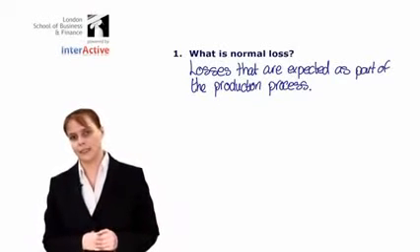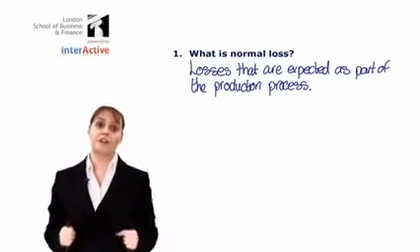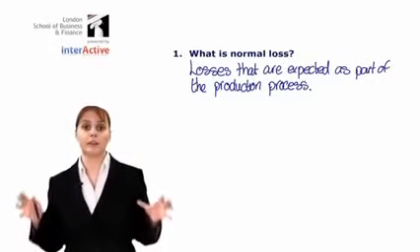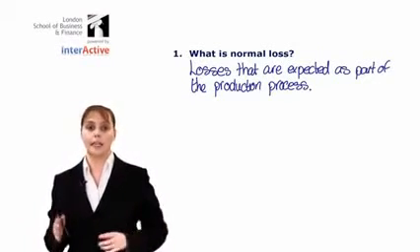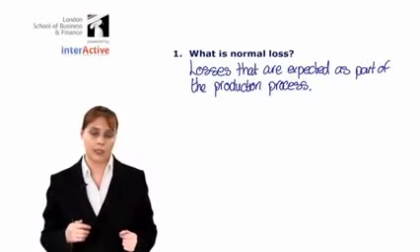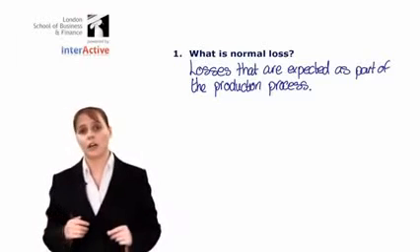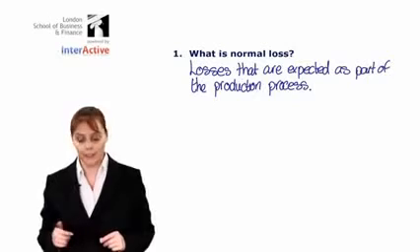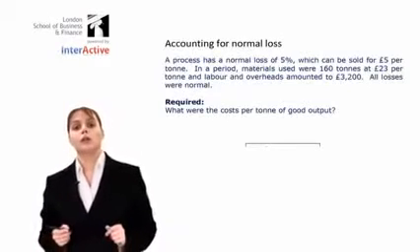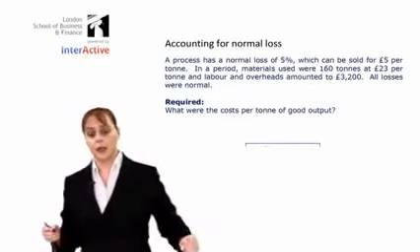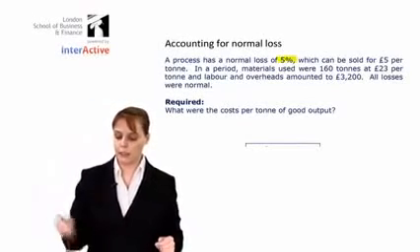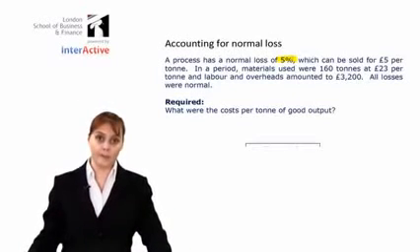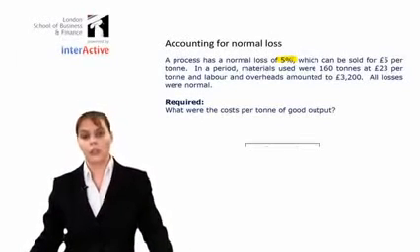Now for F2, what we need to understand is how we deal with normal loss in our process account, and how does this affect our cost per unit calculation? So let's have a look at an example. We are told then for this company a process has a normal loss of 5%, which can be sold for £5 per tonne.